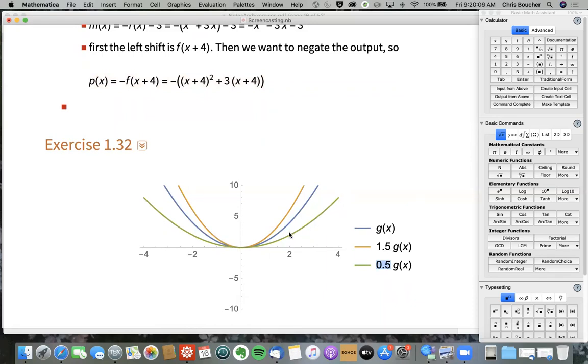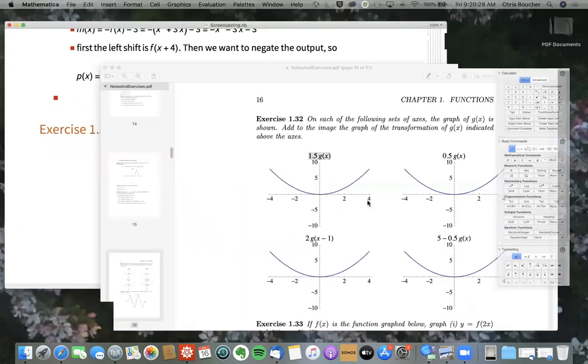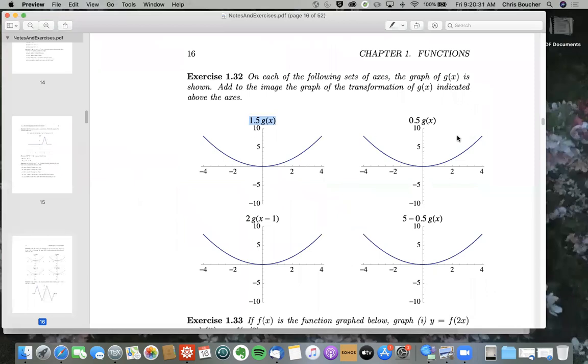Along the green curve, the outputs are all half as big as the corresponding output on the blue curve. Notice that they are all pinned to the axis at x equals 0, because if the graph touches the x-axis, then any vertical stretch is going to touch the x-axis in the same place. Okay, so that's the first two, the top two here that we talked about.